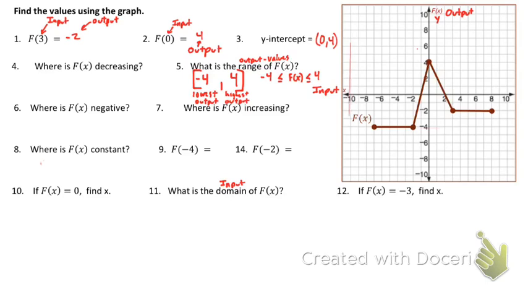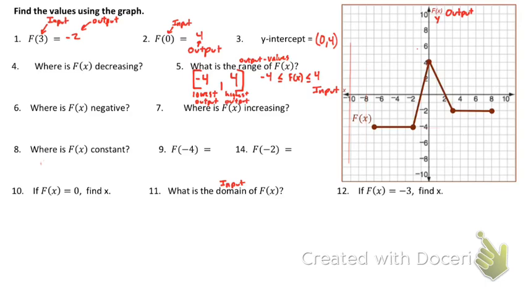So if you look, if I said negative 10 is an input value, is it part of my graph? And the answer is no. How about negative 8? Negative 8, none of my graph touches it. So negative 8 is not an input value.